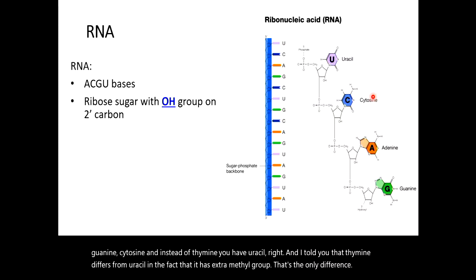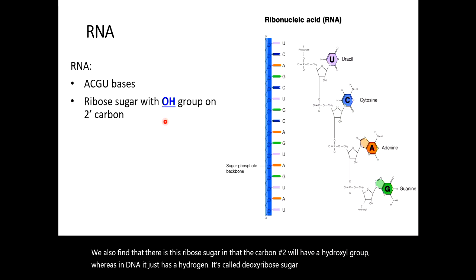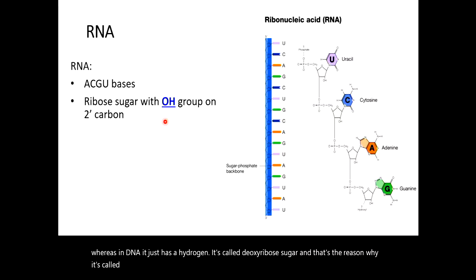We also find that there is this ribose sugar, in which carbon number 2 has a hydroxyl group, whereas in DNA it just has a hydrogen. So it's called deoxyribose sugar, and that's the reason why it's called DNA versus RNA. It's because of that deoxy group.